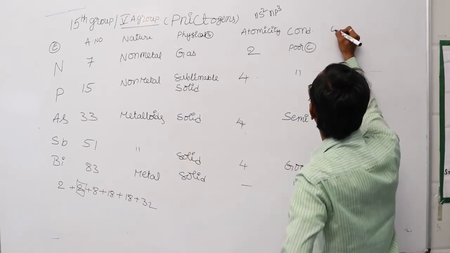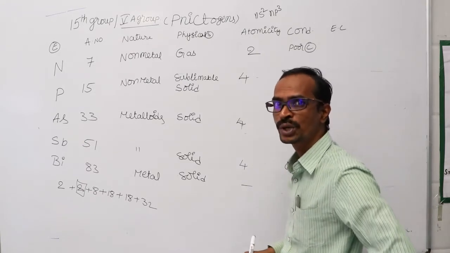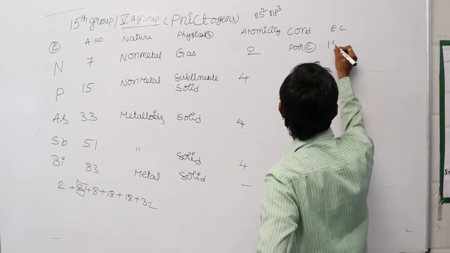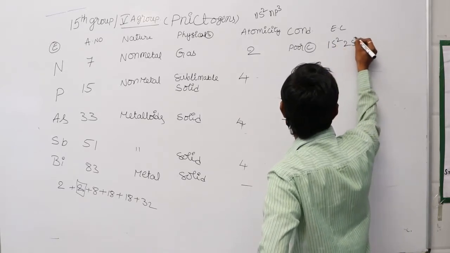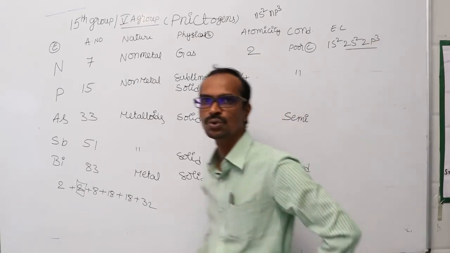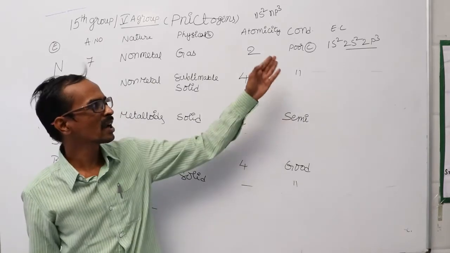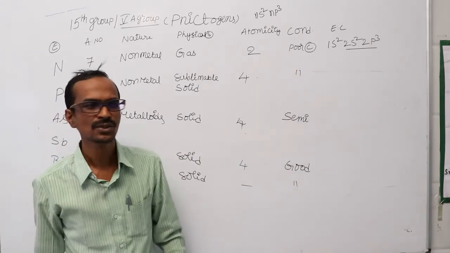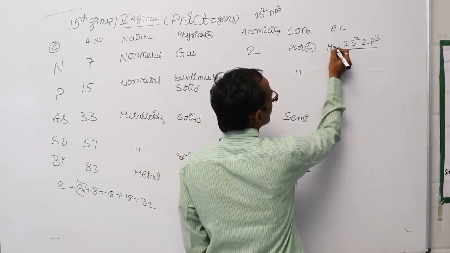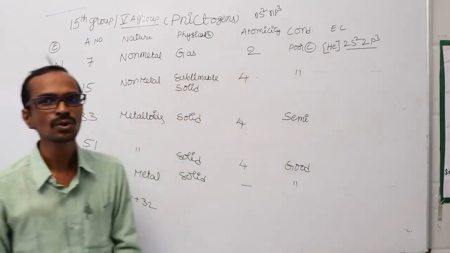The electronic configuration of nitrogen is 1s2, 2s2, 2p3. This is the valency shell, 2s2 2p3. Here 1s2 I can write as helium, so in a simple way the configuration of nitrogen is helium 2s2 2p3.